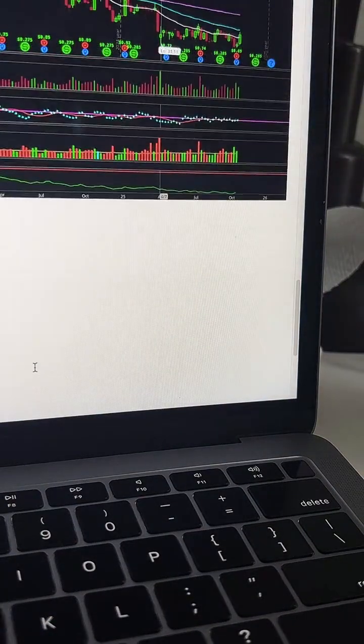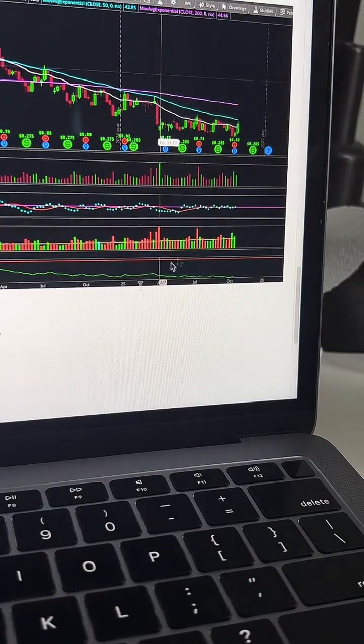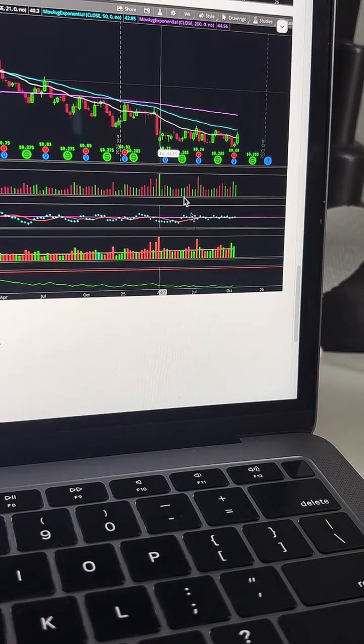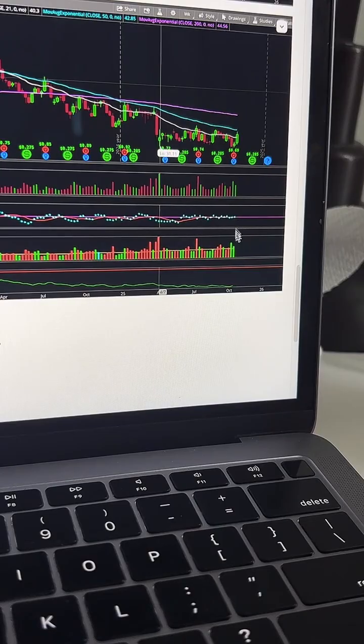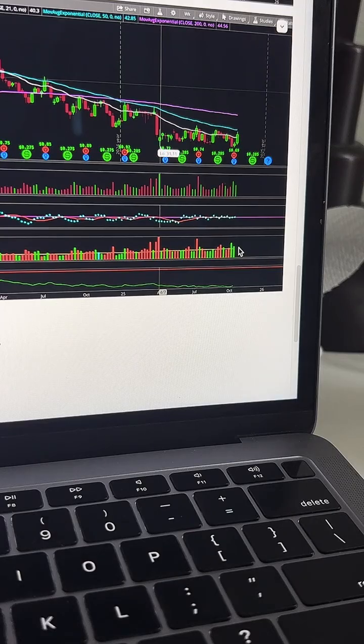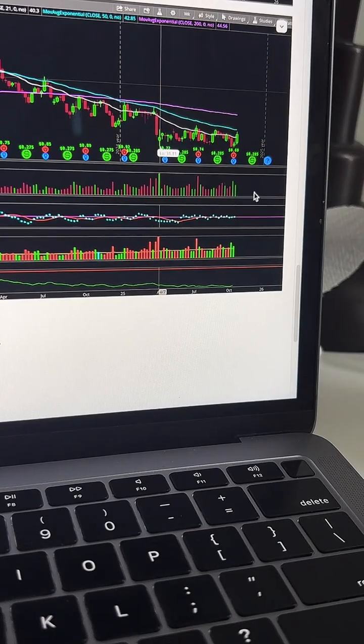Another one that was on there, SLB. I thought this one was interesting. It's choppy, under the 21 and under all the moving averages. Momentum is kind of consolidating. The buying pressure is way more than the other stocks. It reclaimed the 21 with good volume.